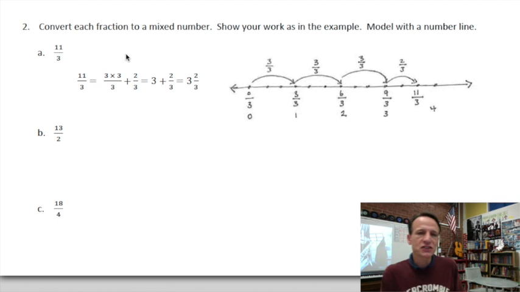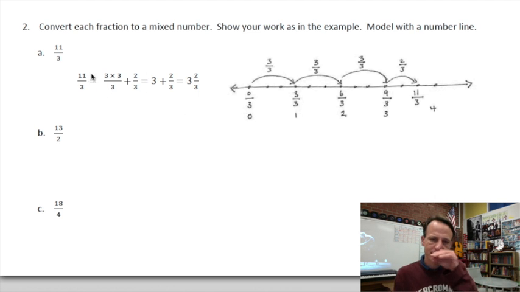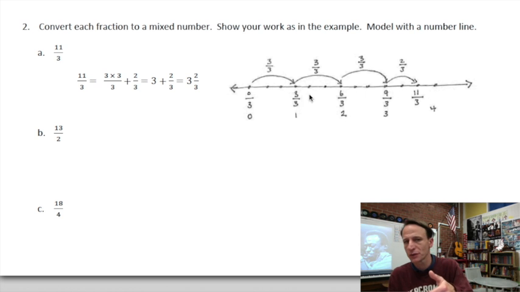All right, convert each fraction to a mixed number. Okay, that's what we've been doing all along. Show your work as an example and model with the number line. Okay, so same idea. In fact, if you look at the math here, it's similar, but with this little multiplication going on, right? And you look at the number line, it's similar, except we're going from, look here at the bottom, 0 to 1 to 2 to 3, and then doing the leftover bits here.